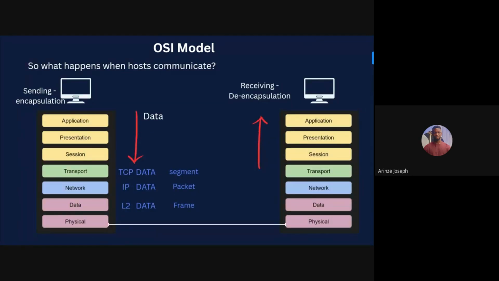So in the OSI model, what happens is there is what we call encapsulation and de-encapsulation. So in encapsulation, let's say there are two hosts, for example, you and I, we are connected to the internet, and I am the host or the sender of the message.